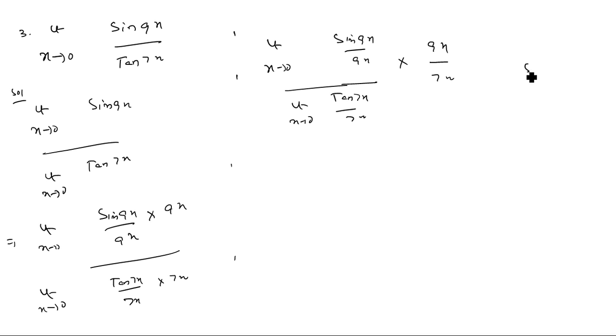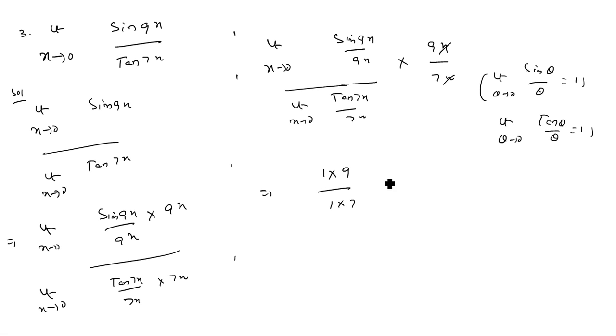We know that the value of limit theta tends to 0 sin theta by theta is equal to 1. Similarly, limit theta tends to 0 tan theta by theta, the value is also 1. So this is 1 into 1, x cancels, 1 into 9 by 1 into 7. So we get 9 by 7.